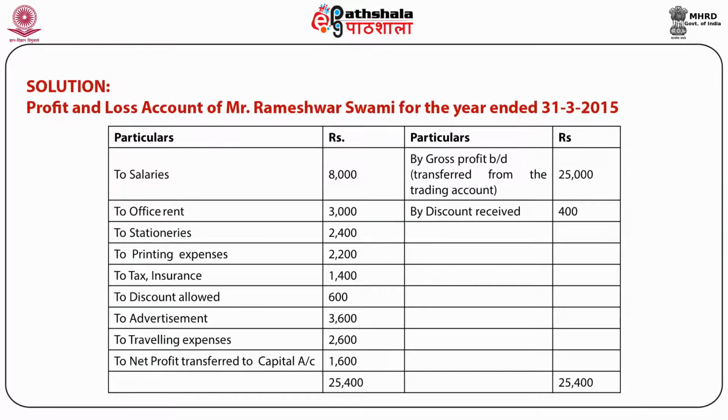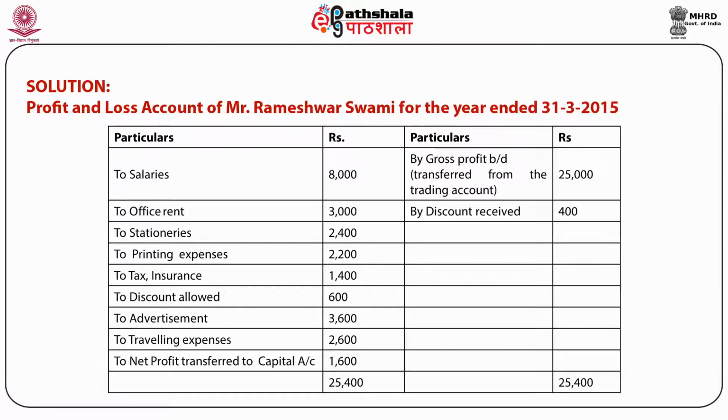The profit and loss account for the year ended 31st March 2015 is disclosed in this picture. There are two sides, one is debit and another is credit. The starting point for the profit and loss account is gross profit, which is calculated with the help of the trading account. Gross profit is shown on the credit side.